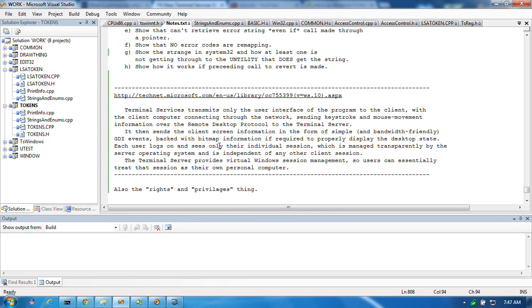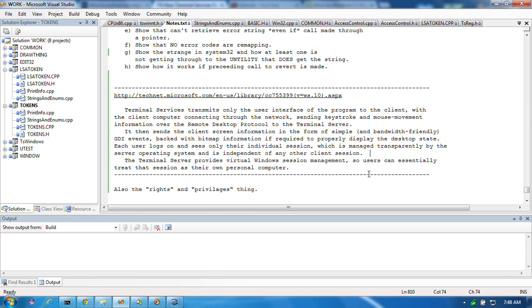Each user logs on and sees their individual session. Now, so that's what I think is meant by these session tokens and whatnot. When they talk about a session, they're talking about a session with the server. Okay, and that's managed transparently by the server operating system and is independent of any other client session.